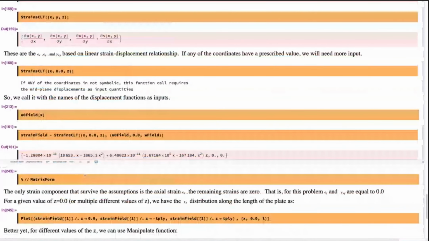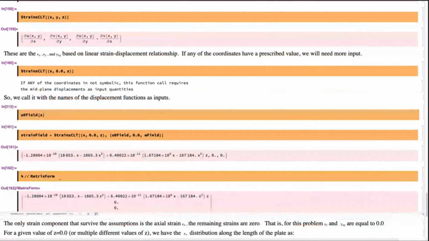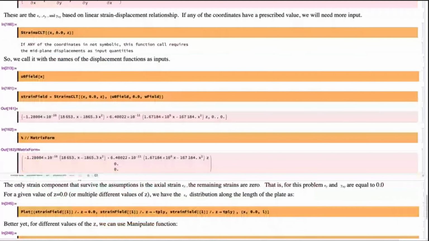And these are the strain calculations, in matrix form. Strain in x direction as a function of z. There is no strain in the u direction because I left it free. It's moving in and out.